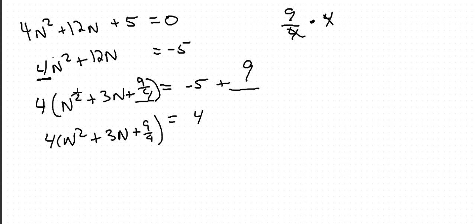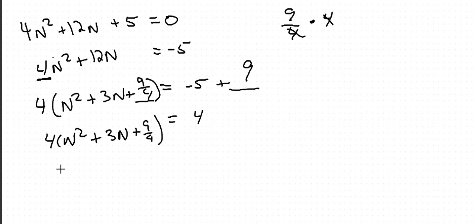Because I would distribute the 4 back through if I were doing that, right? Yeah. So when you're completing the square, whatever number's out in front, you have to multiply it by that number so you can add it on the other side so you have the proper number. Okay. So 4 times 9/4 is 9. So I have to add 9 to that because when I put that fraction there, I added 9 to the equation. Okay? All right. So now what do I do with the 4s?